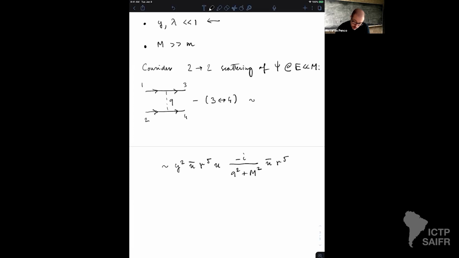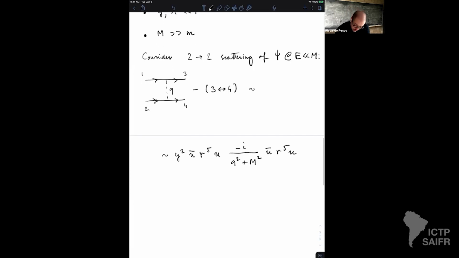Okay, it just looks something like so. Side remark about conventions, they're all spelled out in the notes. As you see, in these lectures, I will use a metric which is mostly plus. Okay, that's why my propagator here has a plus.